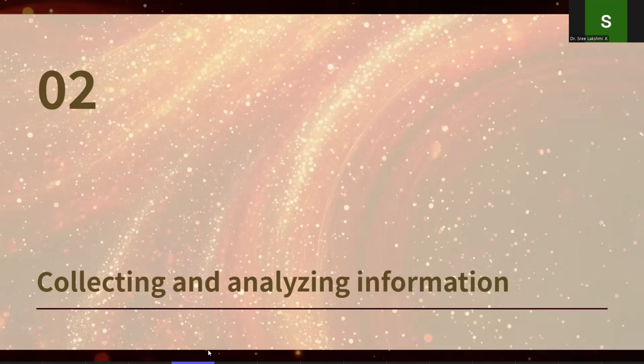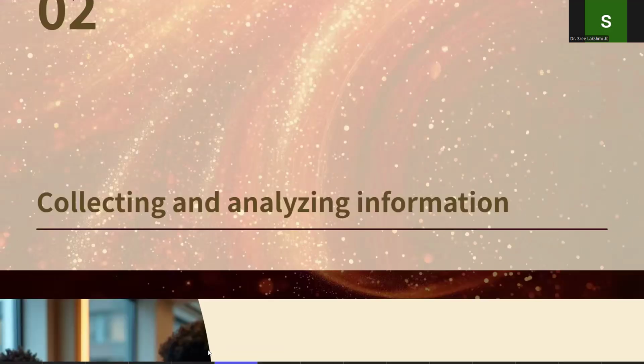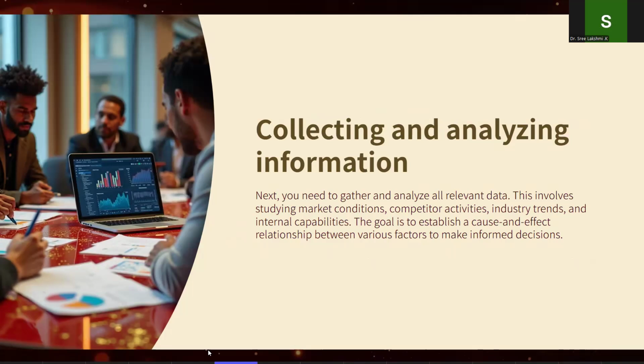Let's move on to the next step, collecting and analyzing information. Here, the company needs to gather and analyze all the relevant data. It involves understanding the market conditions, observing the market situation, making a thorough study of competitors' moves or activities, observing the industry trend, and assessing the internal strengths and weaknesses as well as capabilities.